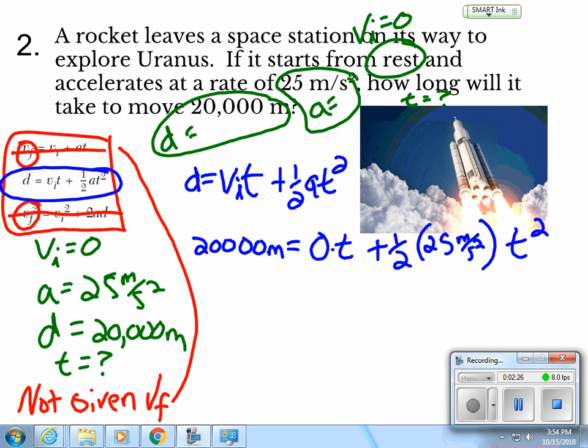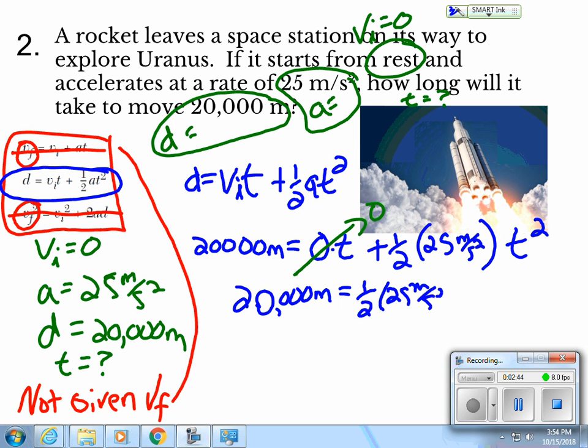What's super nice is that this middle term cancels out, so my life becomes really simple. Now I have 20,000 meters equal to 1/2 times 25 meters per second squared times time squared.